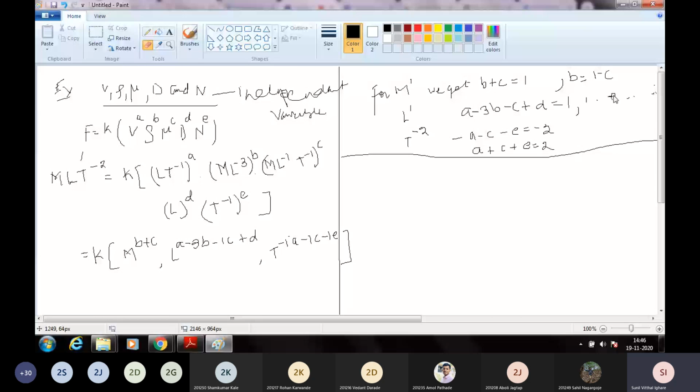A is equal to 2 minus C minus E. And here, D is equal to how much? So D is equal to 1 minus A plus 3B plus C.